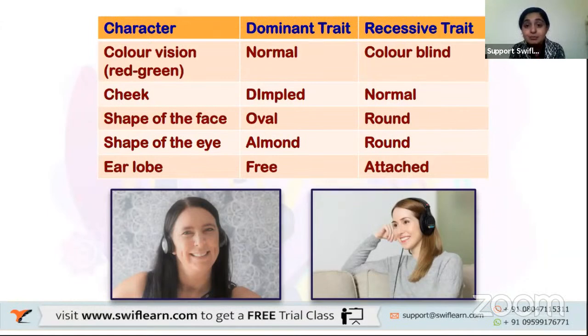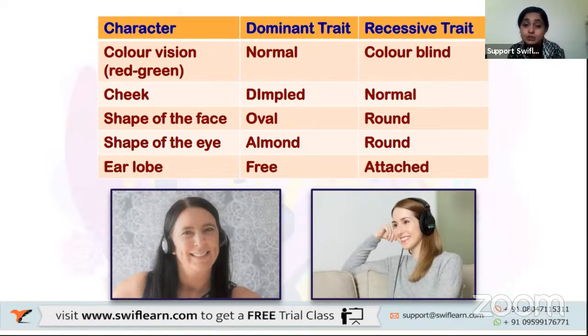Now cheek dimples that are normal, and the other ones are recessive, depending upon which traits are more dominant while things were evolving. The shape of the face, oval or round, which one is more dominant?